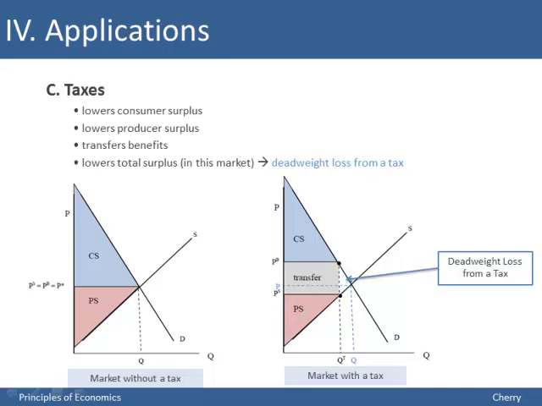Taxes are not necessarily inefficient in the broader sense. They're inefficient in a particular market, but across markets they're not necessarily inefficient. And what we're going to learn later is that there are some taxes that are actually efficient and actually can be used to correct market failures.